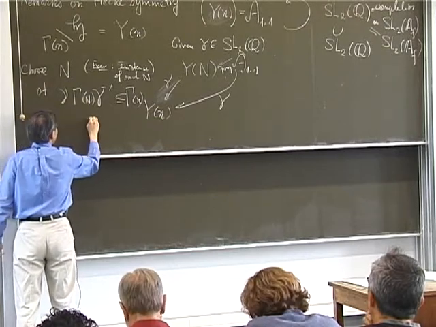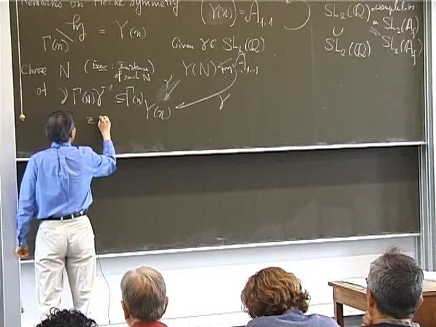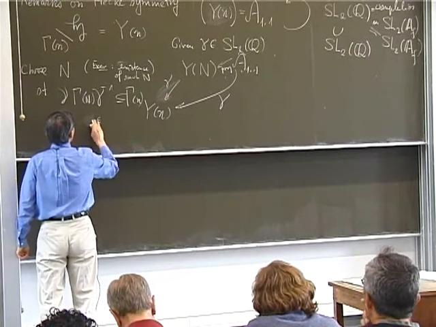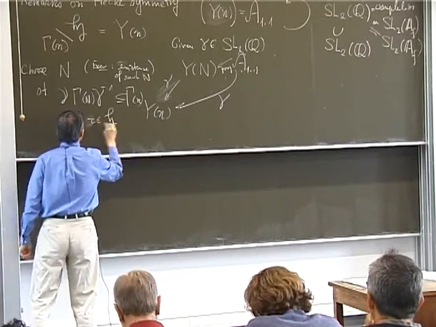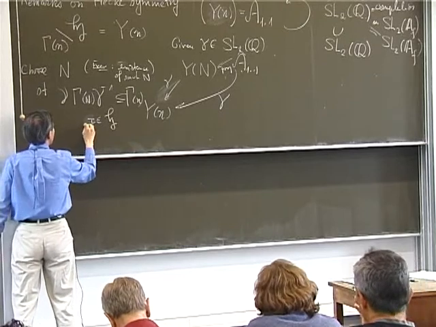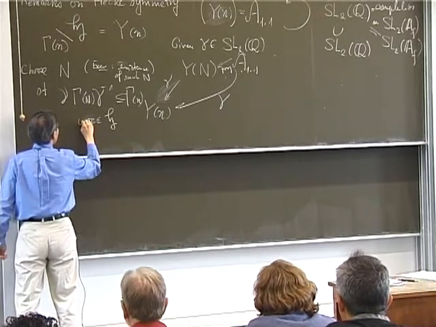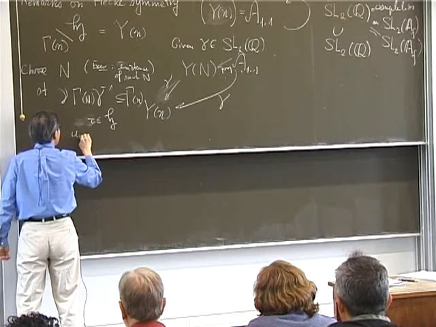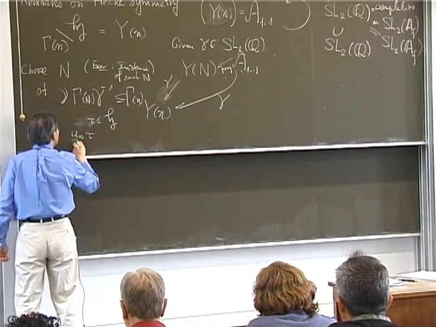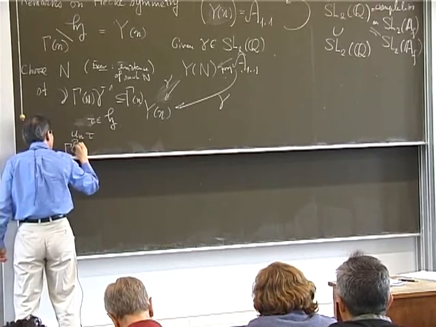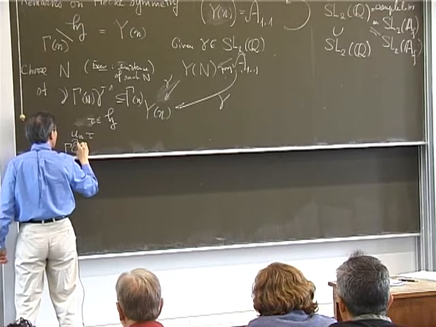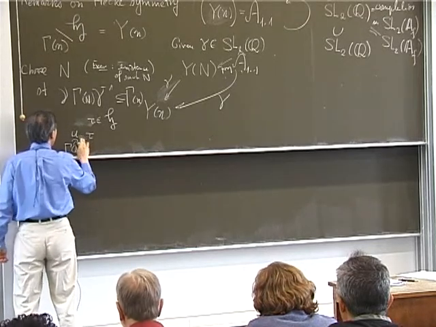So if I take an element tau in H, then take an element u_N in Γ(N).